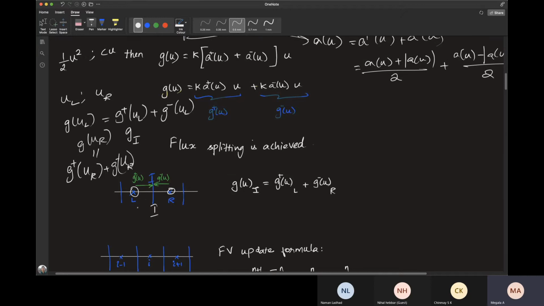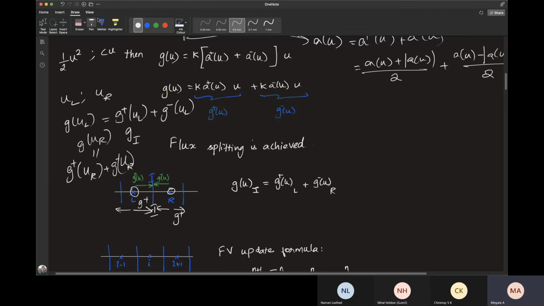Now, how do we use it to evaluate the flux at the interface? The positive flux from the left side goes in this direction, towards I, and the negative flux from L will go in this direction towards the other interface. Similarly, negative flux from R will come in this direction. It is this green point that I have drawn. That comes towards the interface I, whereas the positive flux from R will go towards the other interface of the cell.